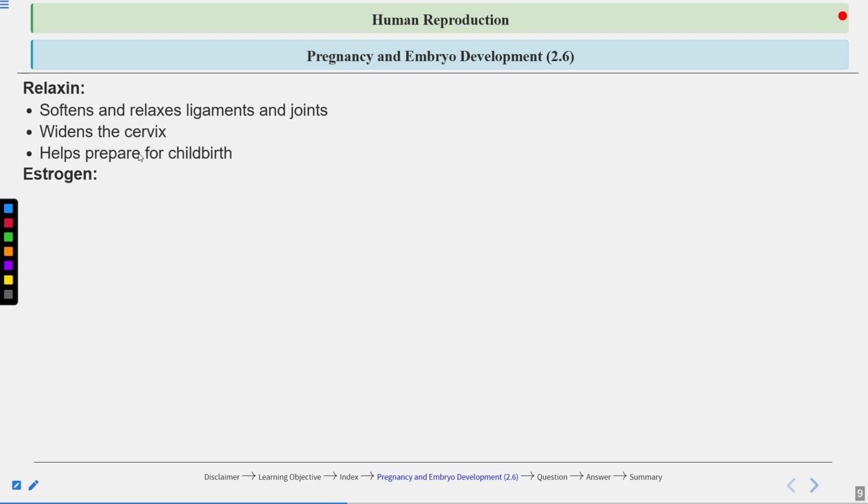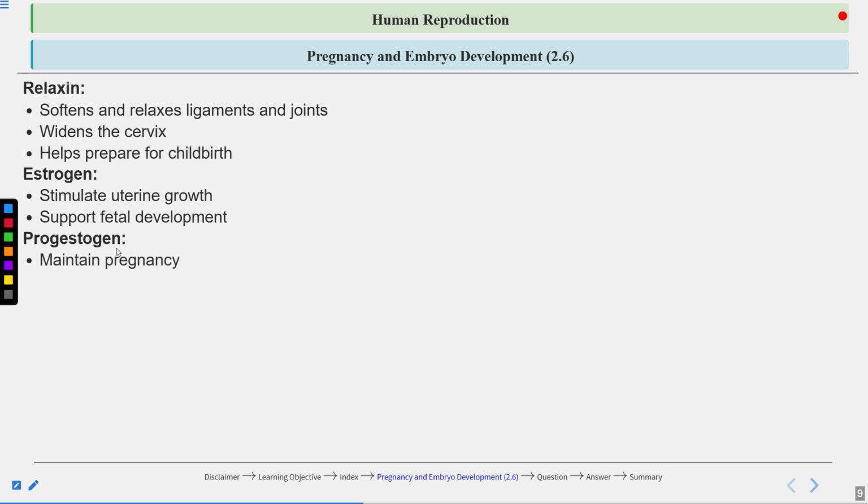Next is estrogen, which stimulates uterine growth, meaning growth of the endometrium, and supports fetal development. Now, progesterone maintains pregnancy by maintaining the thickness of the endometrium. It supports fetal development as well.